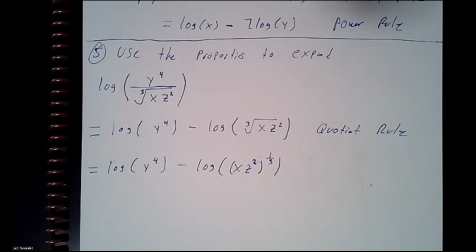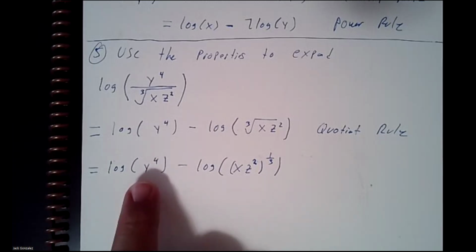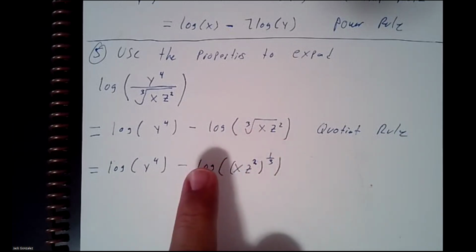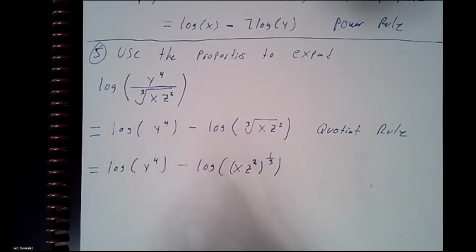Yeah, you see the power, so let's try that out, right? This one has a 4 on it, and this weirdness has a third on it, so we could pull the third in front, we could pull the 4 in front.